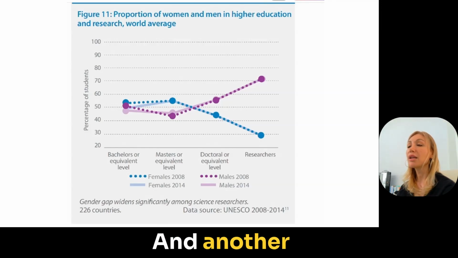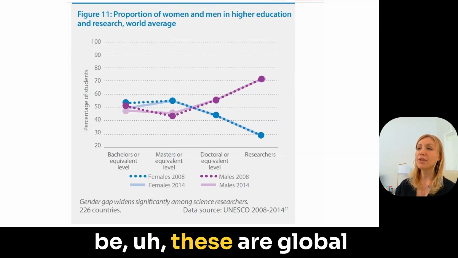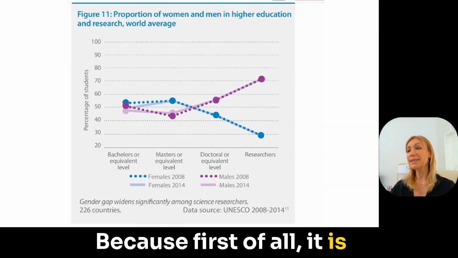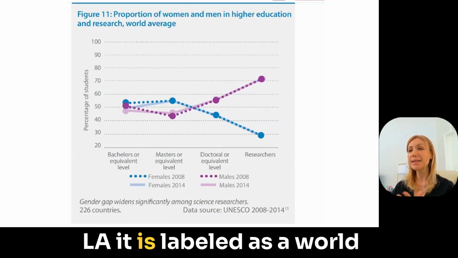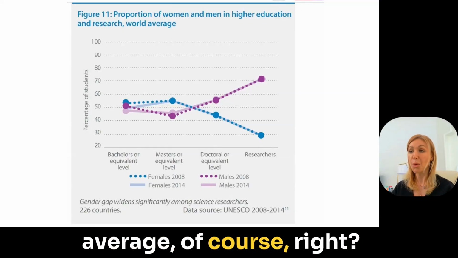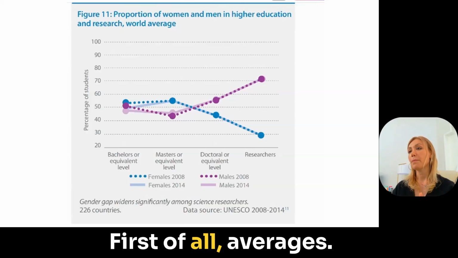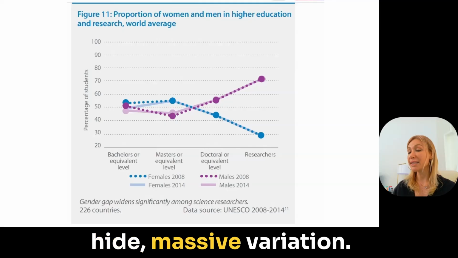And another misconception, like an overclaim, okay, would be that these are global universal patterns. First of all, it is tempting to conclude that because it is labeled as a world average, of course, right? We may tend to say that, but it is wrong. First of all, averages, we need to be aware. Averages hide massive variation.